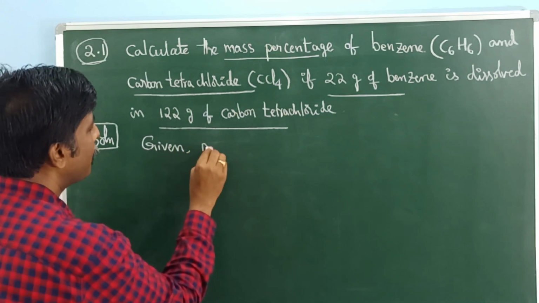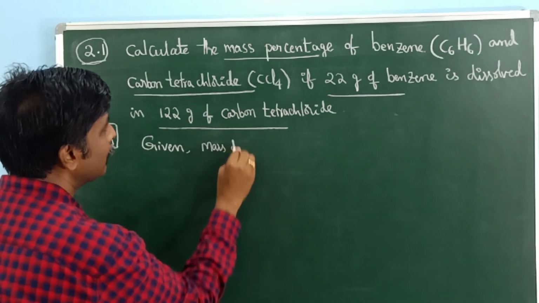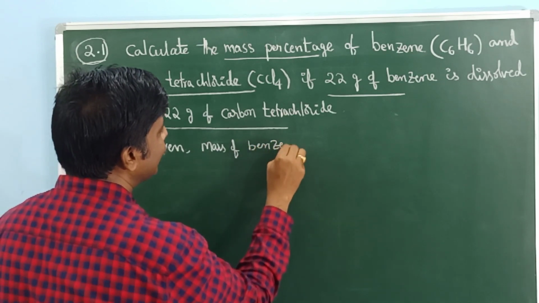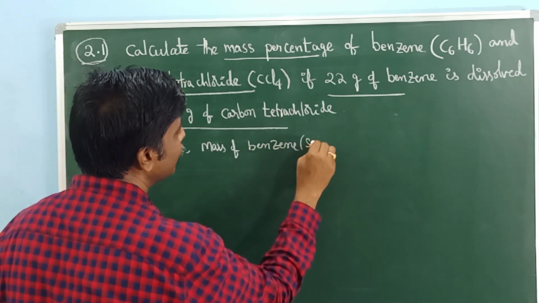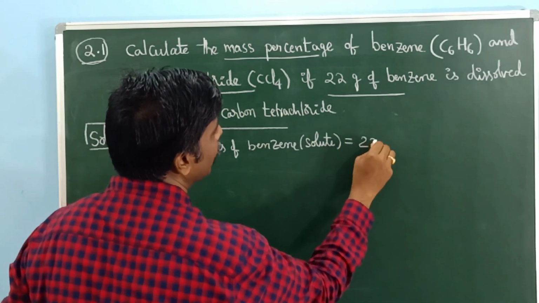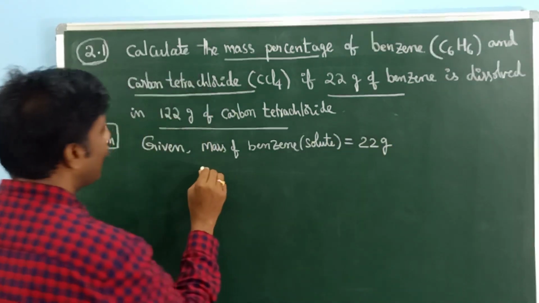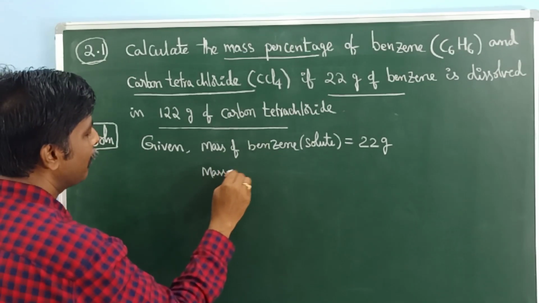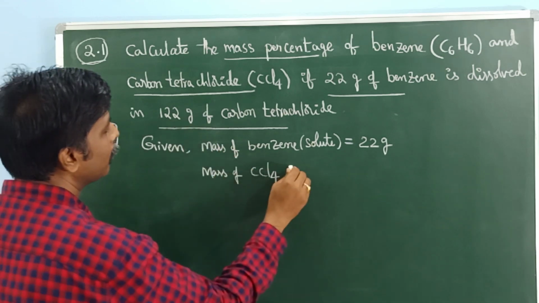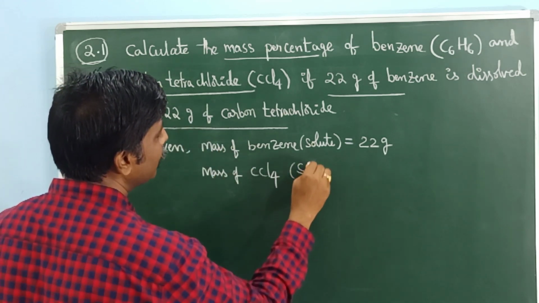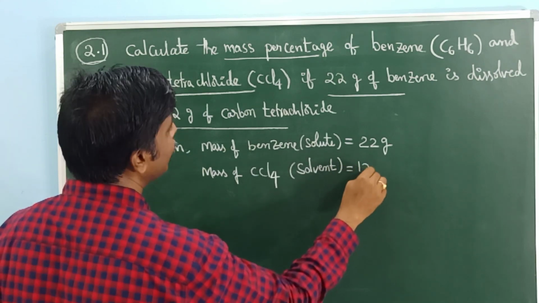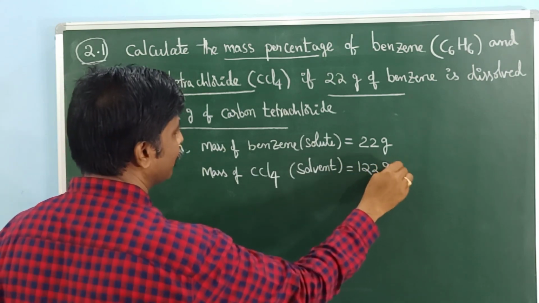So given, mass of benzene, you can call it solute, that is 22 grams. Mass of carbon tetrachloride, CCl4, that is the large amount, so it is the solvent, that is 122 grams.